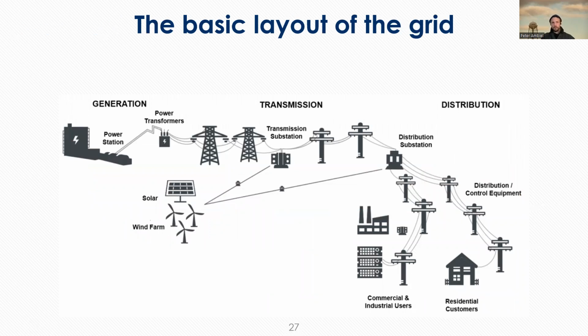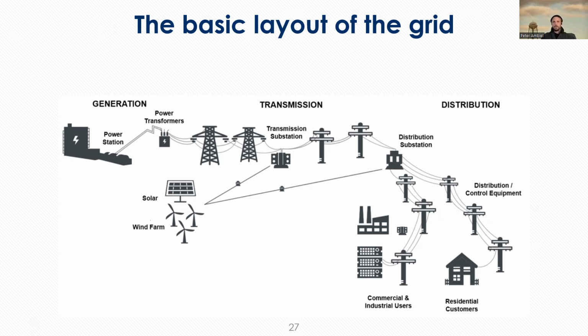Okay, a really basic layout of the grid. From there, your power generation then goes through transmission and distribution. Long distance movement of electricity from your power plant to, let's say, a city would require these high voltage transmission lines.